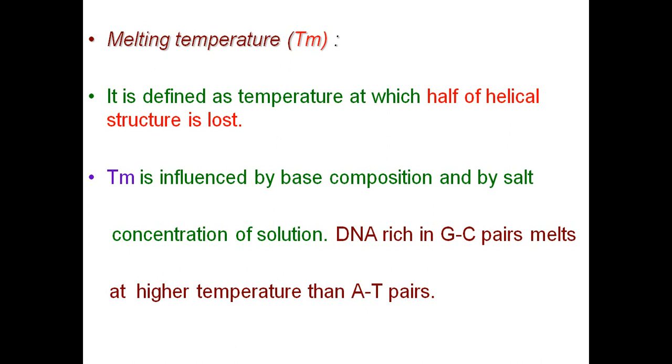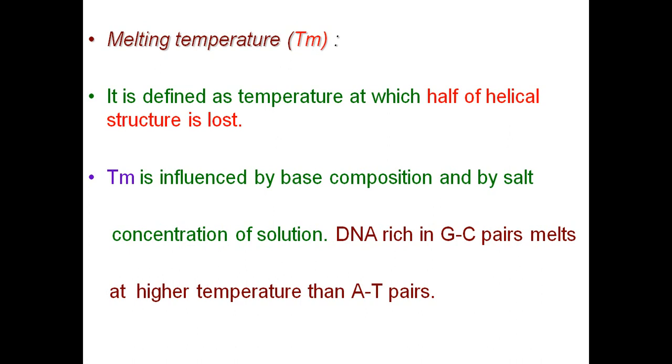The DNA rich in GC pairs melts at a higher temperature than the DNA which contains AT pairs. Because I told you in the beginning, guanine binds with cytosine by 3 hydrogen bonds, whereas adenine binds with thymine by 2 hydrogen bonds. To break 2 hydrogen bonds we need less energy. To break 3 hydrogen bonds compared to 2 hydrogen bonds, we need more energy.